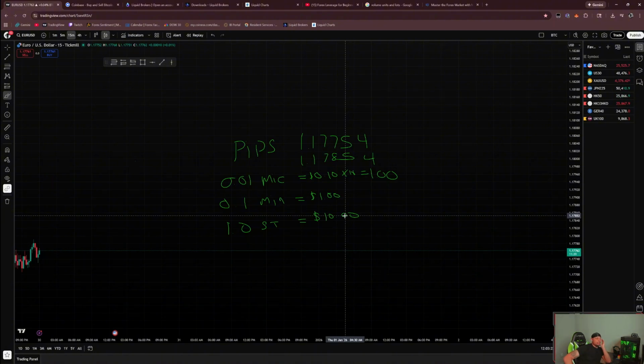You don't want to over-leverage to the point where you are blowing an account if you lose a trade. You want to make sure you use 3% or less of your account. So if you have a $100 account, you don't want to use $1, $2, or $3 per pip. You want to divide that by 10 typically, and use like 10 cents to 30 cents per pip. Some people risk more. I only risk 1 to 3% of my account because if I lose a trade, I'm not blowing an account. You come back, you trade another day, and you win.